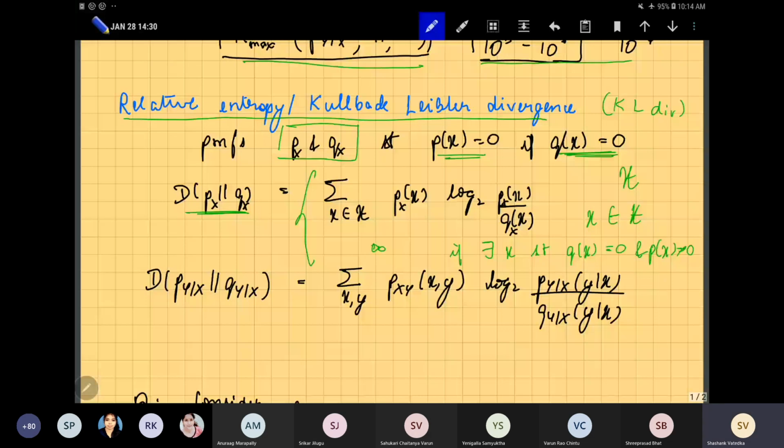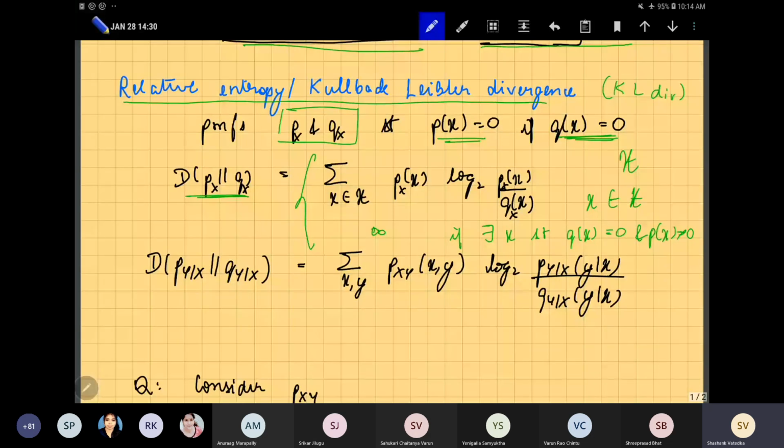Okay, and similarly, if you have distributions over two random variables, so we're given P_{Y|X} and Q_{Y|X}. So we have two conditional distributions P_{Y|X} and Q_{Y|X}, and a distribution P_X.